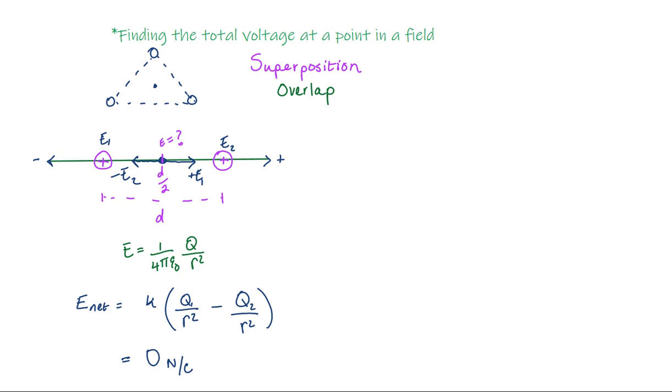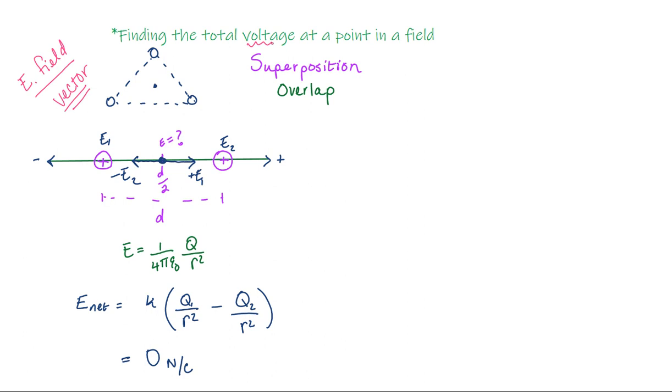And the whole reason that this is a little bit more cumbersome is because electric field is, of course, a vector quantity. And vector quantities require that we resolve the orientation of the vector at every specific location.